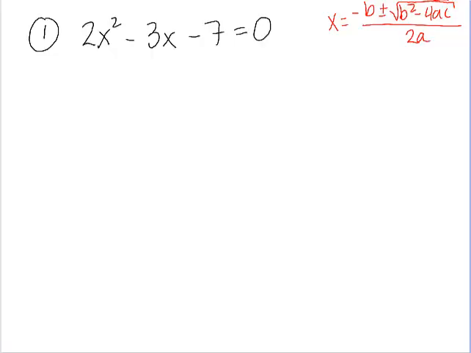So the b in this case would be a negative 3 because we want to keep the sign attached to the number. Wait, so would you want it to be positive in the square root? When we square it, it would turn positive. Okay, so are we ready to try this out? Can you put the square in with the 3, like in the square root? Yeah, when we're in our calculators, we'll type it in exactly how we see it.